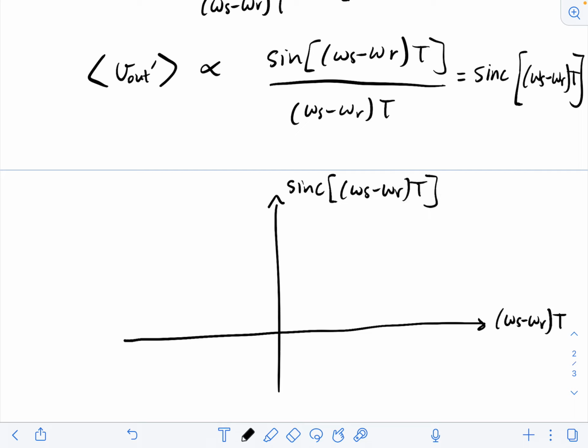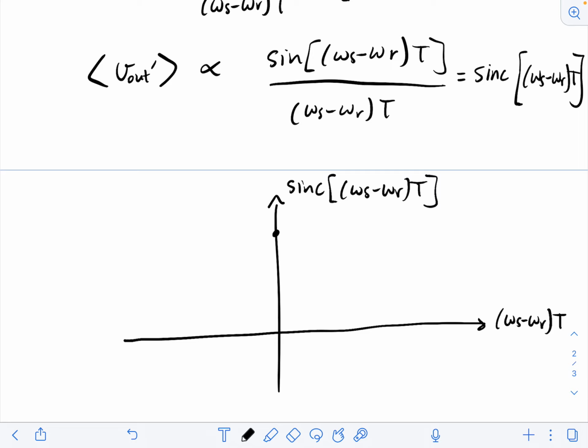It's not immediately clear what happens when omega s minus omega r times T is equal to 0, because then we have the sine of 0 over 0. But then you could use L'Hopital's rule to find out what happens at that limit, and it turns out that it becomes a 1. That's because when you take the derivative of the sine you get the cosine, and cosine of 0 is 1, and when you take the derivative of the denominator, you just get 1. So that ratio is 1.